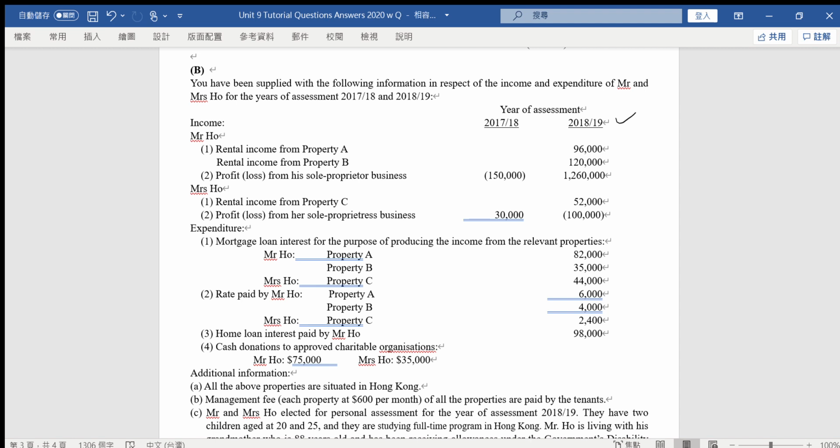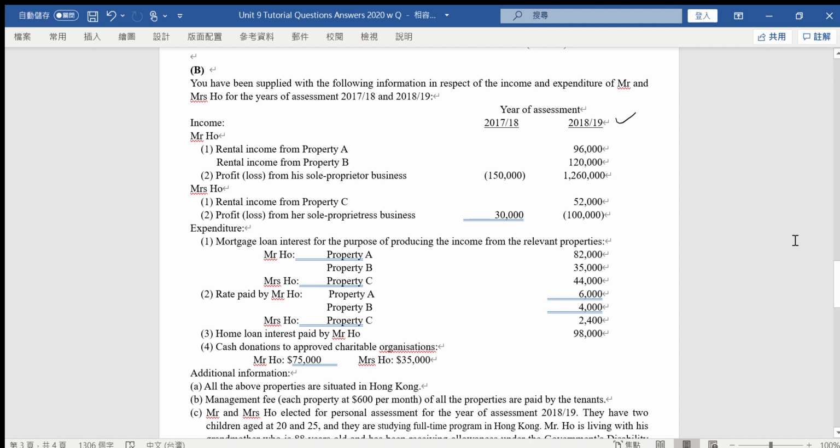and then the rates being paid by them, and also the home loan interest paid by Mr. Ho, and that is their residential home. The principal during, and the amount is 98,000, and the cash donation to the approved charitable donations by Mr. Ho and Mrs. Ho.